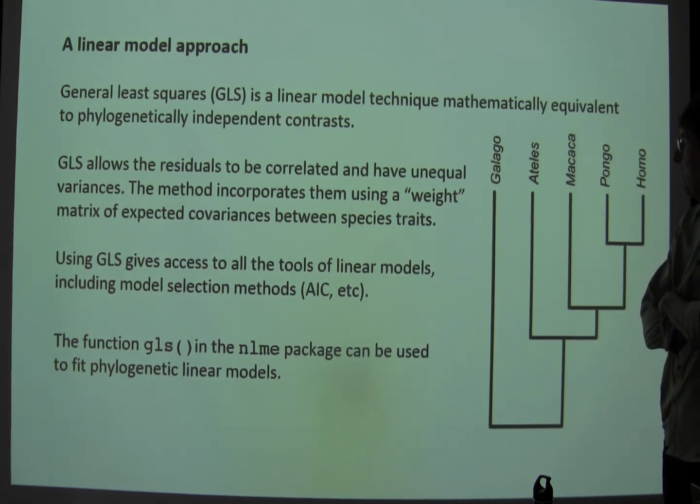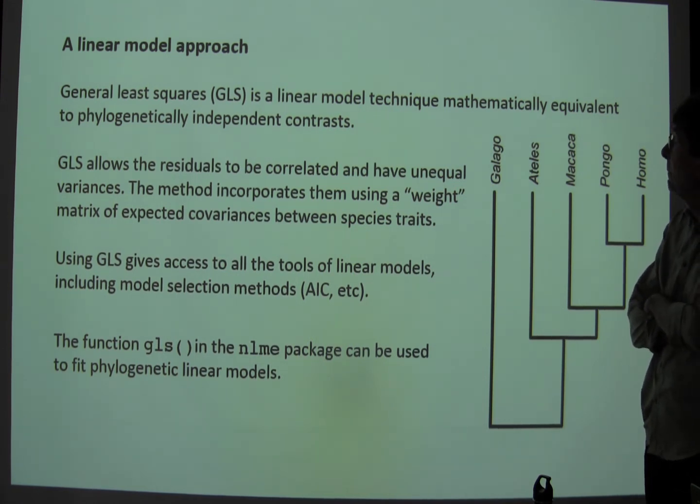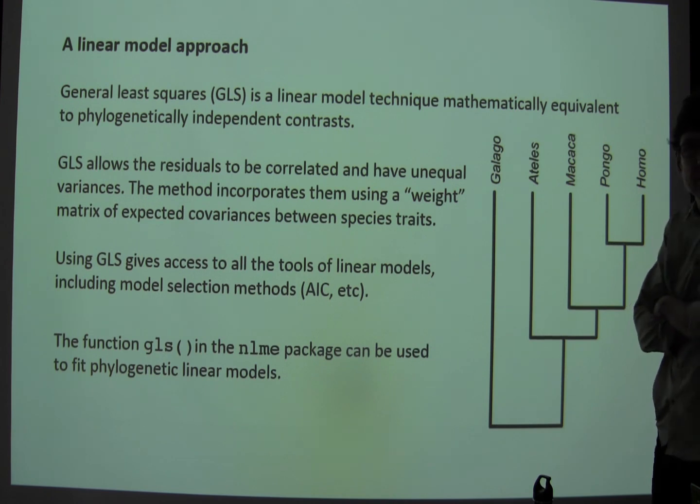And what I want to do also is introduce you to an equivalent method that's actually even better. And the reason it's so great is that it's a linear model. And we know how to do linear models now.